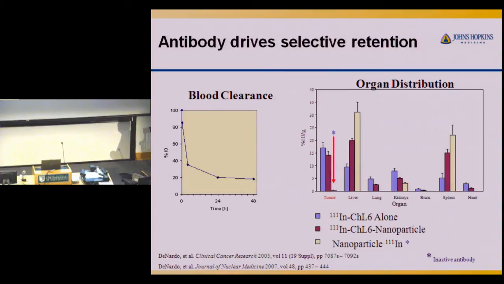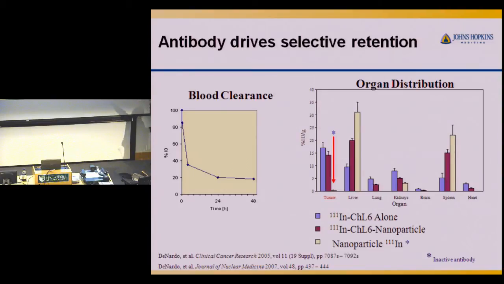So we compared this. The purple bars are the antibody alone with no nanoparticle, and then we also inactivated the antibody in another study and injected that. So we had the nanoparticle with the indium-111 label and the antibody, but the antibody was chemically inactivated, injected that into these mice to compare what the result is.